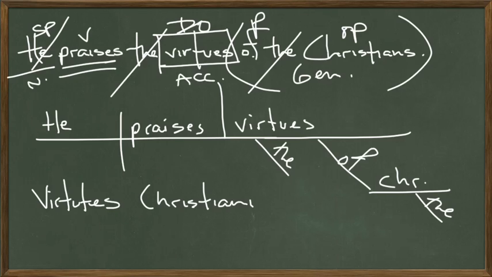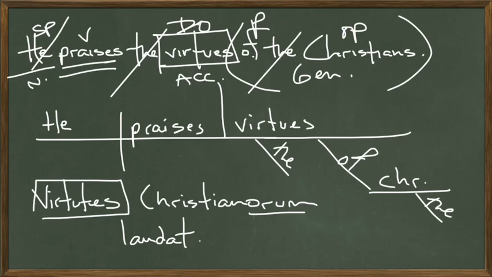We're going to eliminate the last i and replace it with the genitive plural ending, Christianorum. This is the genitive plural second declension ending. And then all we need is he praises. This is in the present tense, so it's pretty simple. Laudat. He praises the virtues of the Christians.